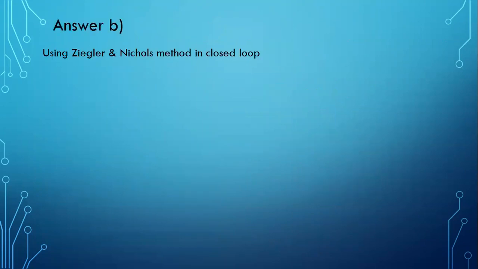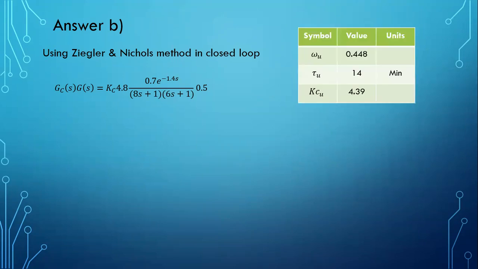Answer B is using the Ziegler-Nichols method in closed loop. GCS times GS is equal to KC times 4.8 times 0.7 e to the minus 1.4s over (8s plus 1) times (6s plus 1) times 0.5. These are values given by the problem.